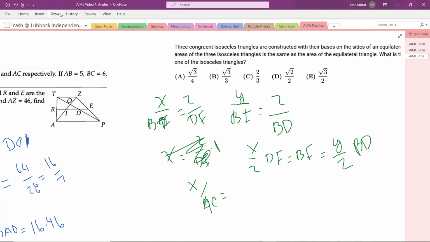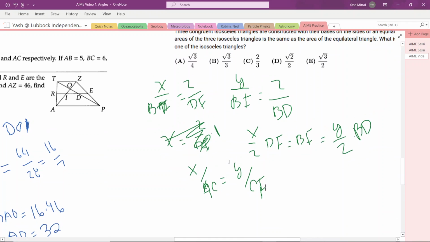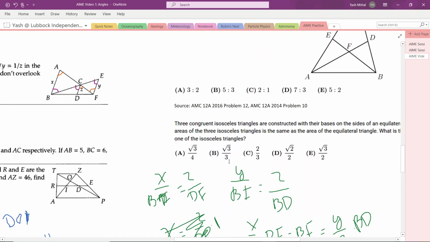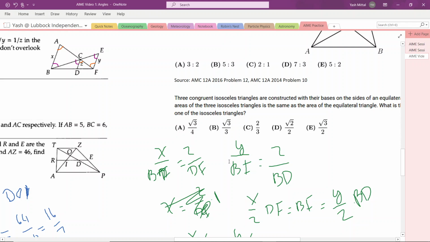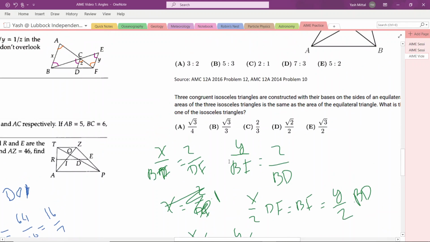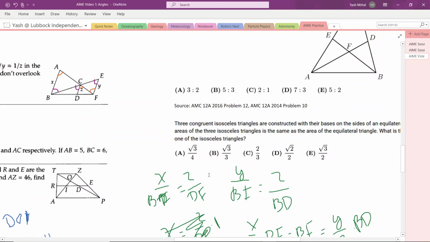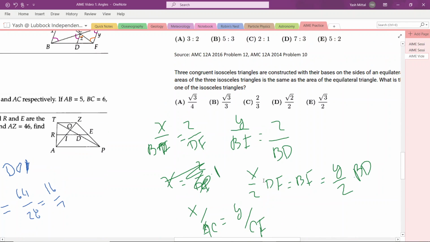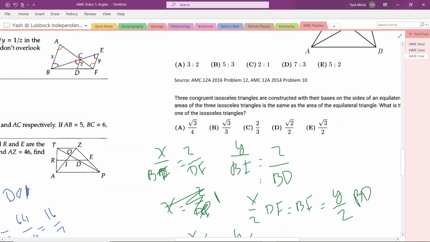I'm not really getting anywhere there, but let me see if I can make more equations using X and Z. Or Y and Z, I suppose.